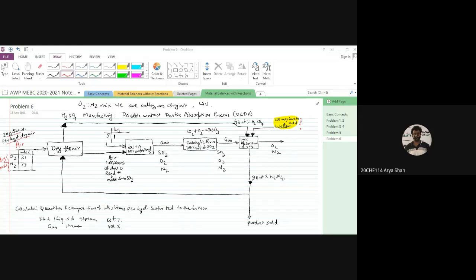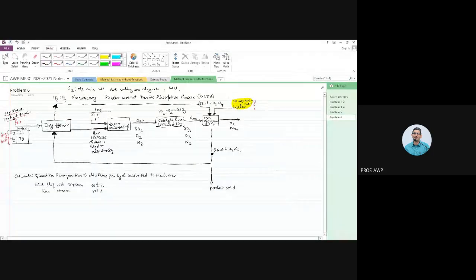So what we are going to say is that this process is a continuous process and it has reached steady state. That means we are not bothering about the first cycle, second cycle, third cycle. This air is coming in all the time. This 98% sulfuric acid is coming in all the time. This 93% by weight sulfuric acid is going out all the time.